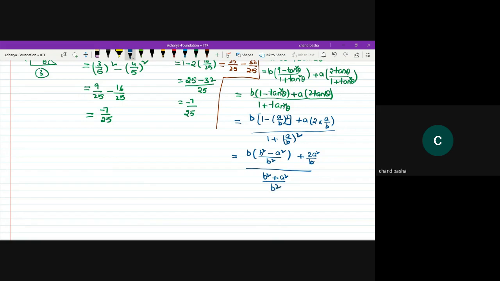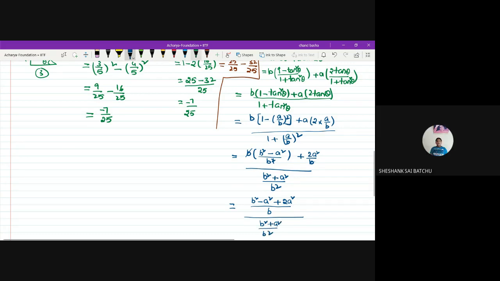One B will get cancelled, this B and then B will get cancelled. This is equal to, from numerator, B is an LCM, B square minus A square plus 2A square divided by B square. Denominator, B square plus A square divided by B square.